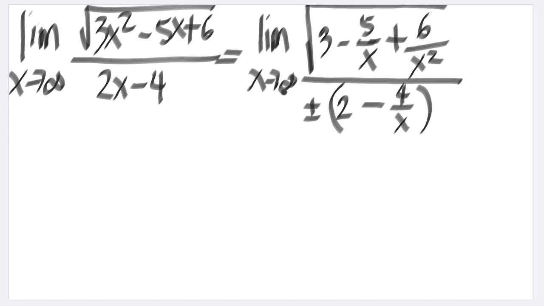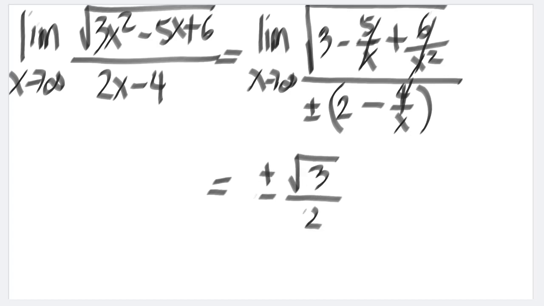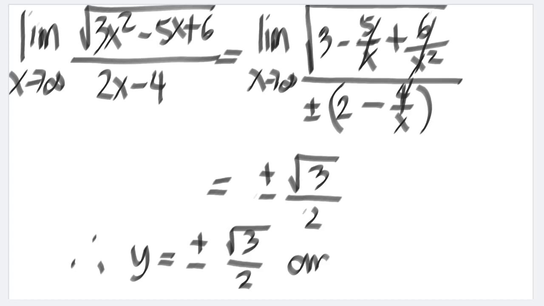So as x approaches infinity, this is 0 and this is 0 and this is 0. Therefore the values that we have will be positive, negative, square root of 3 over 2. So we have two horizontal asymptotes. Therefore y is equal to positive, negative, square root of 3 over 2 are our horizontal asymptotes.